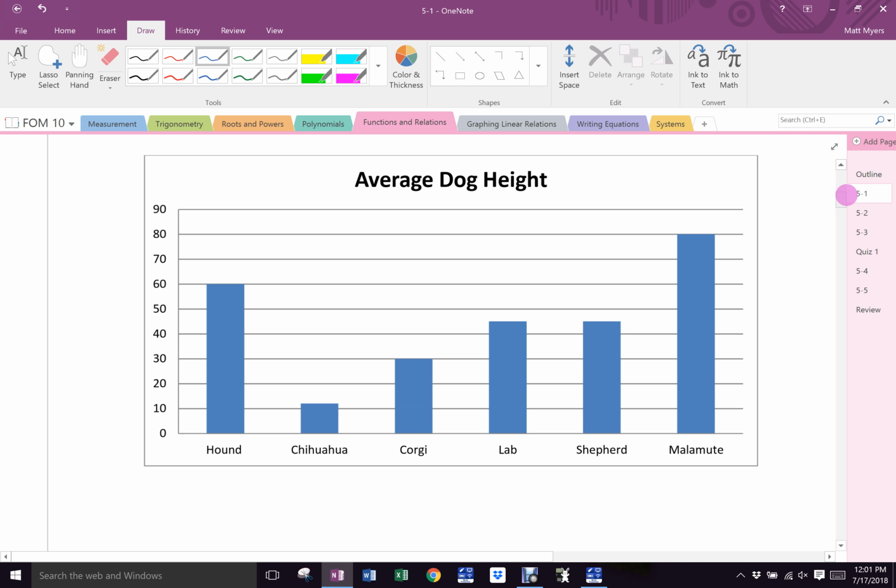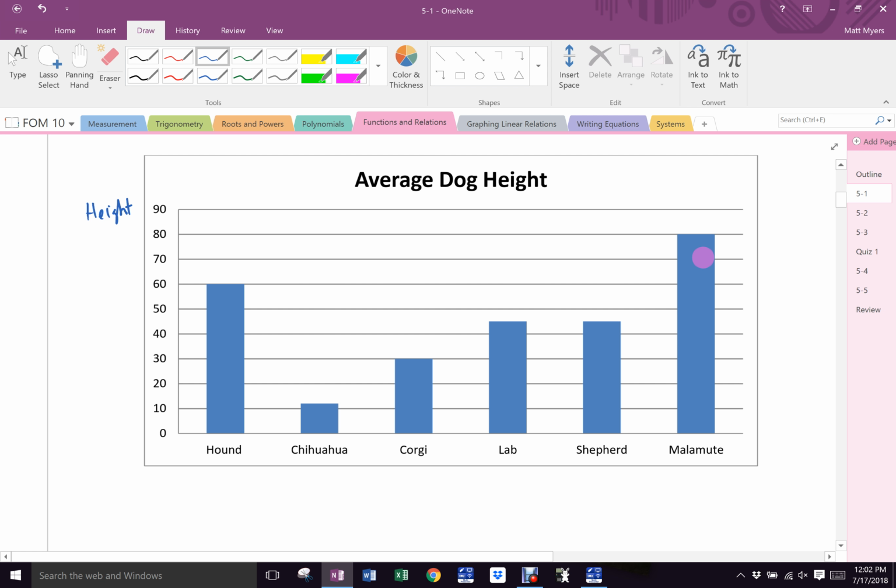So, here I have a table, yes? Some people call it a graph, that's fine. Whatever you want to call it, I don't care. This graph is a relation because there are 2 sets on this graph. What are the 2 sets? Height is one set because in height I have some data.